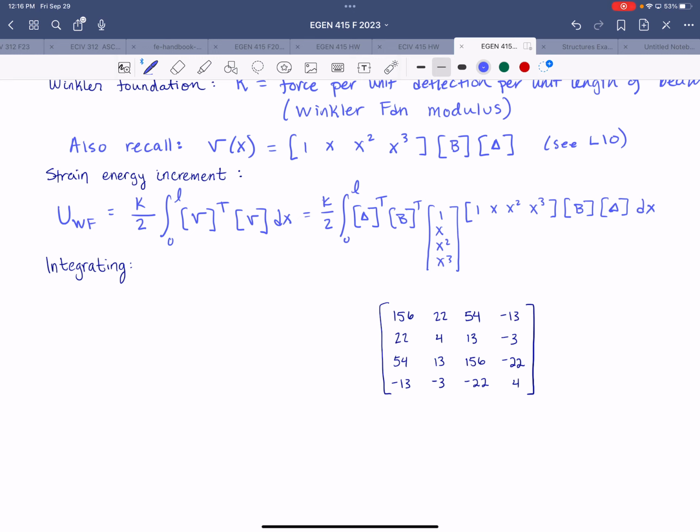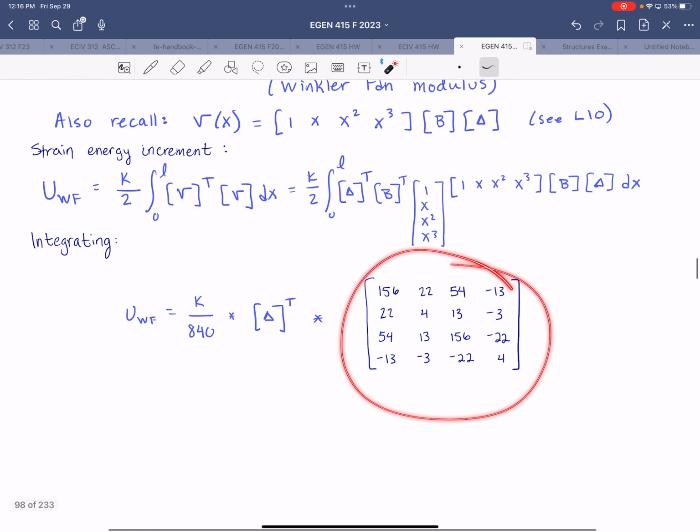If we were to integrate all of that, we would end up with an expression for strain energy equal to the Winkler modulus K over 840 times the generalized displacement matrix transposed times the coefficient matrix shown here.